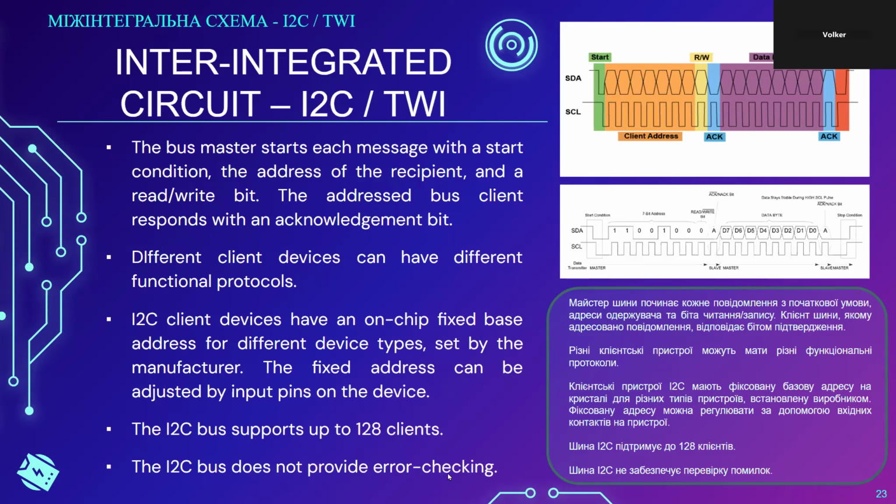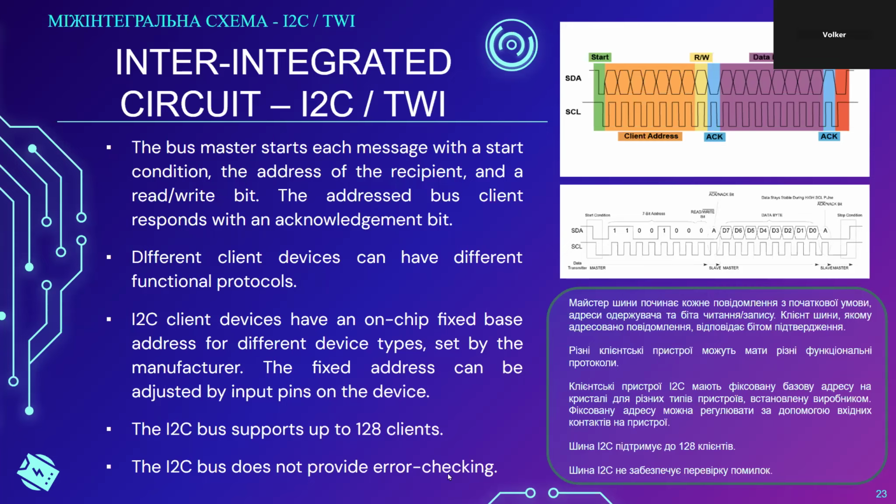That is one item. The other item is the addressing. The addressing is done in a very different way. Typical I2C devices have fixed base addresses that are absolutely fixed. They're embedded in the silicon of the device and given to them by the manufacturer.